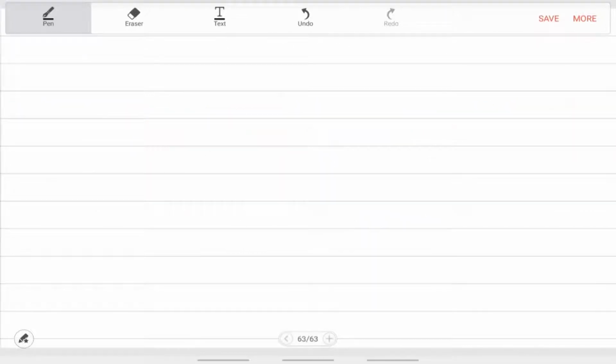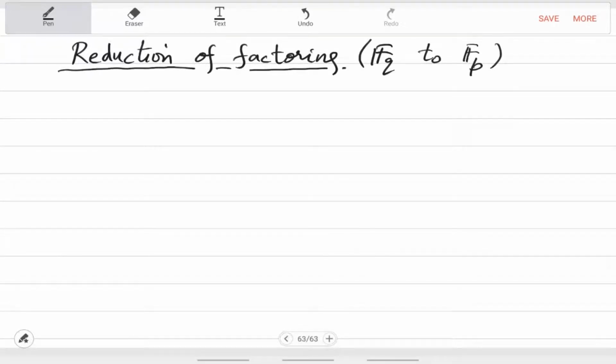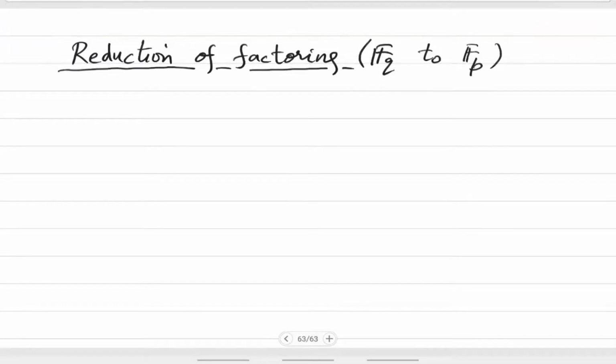Next thing we will do is the reduction of factorization. Say you have an algorithm that can factorize polynomials over prime fields, F_p.